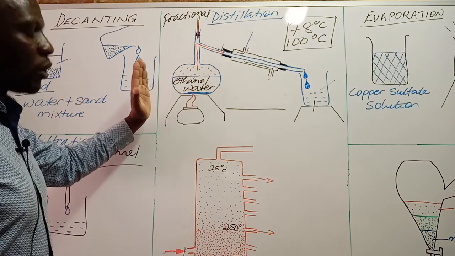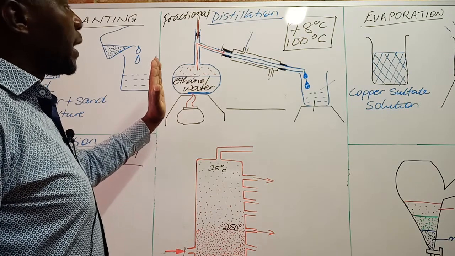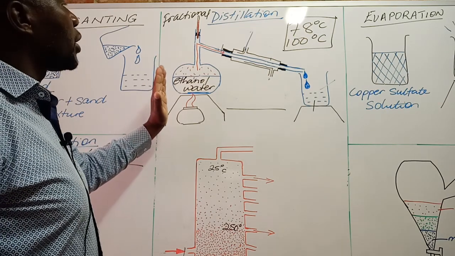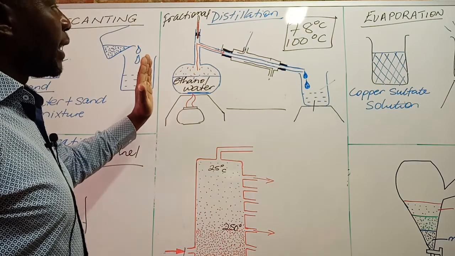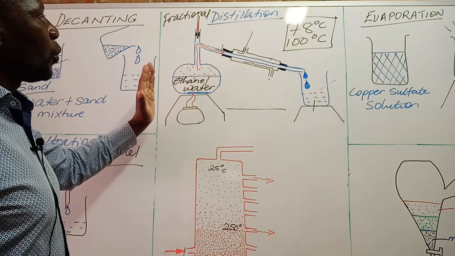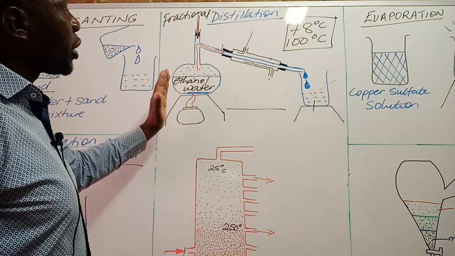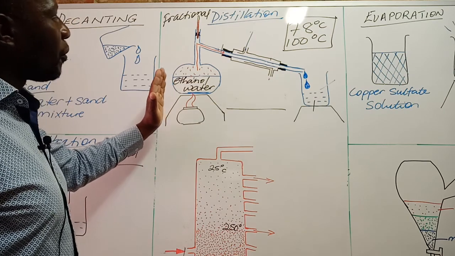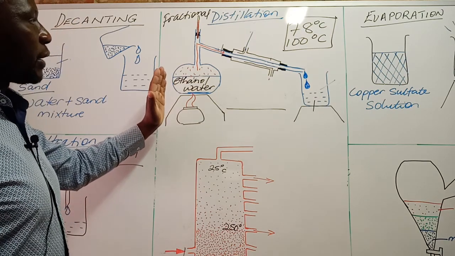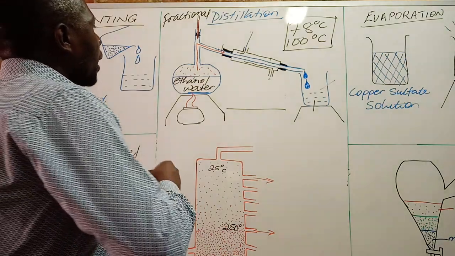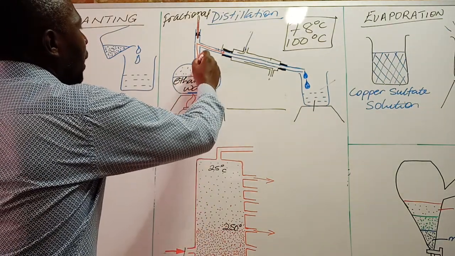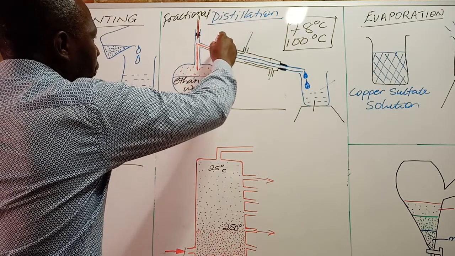So the particles of ethanol increasingly gain kinetic energy, and at 78 degrees Celsius, they turn from liquid into a gas. They will escape in form of gas from the water particles, and this is the path that is easy to escape from.